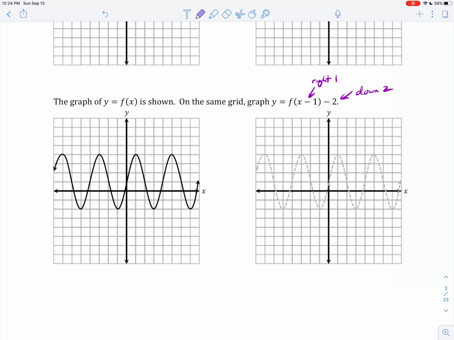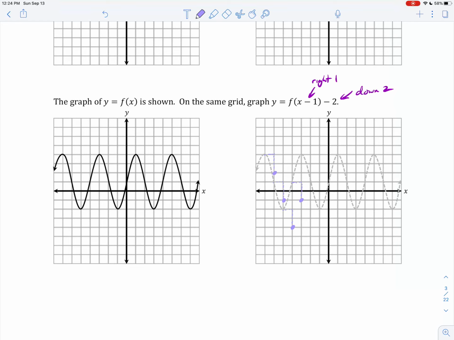So I've got a point here that can go right 1, down 2. I've got a point here that can go right 1, down 2. And I've got another point here that can also go right 1 and down 2.